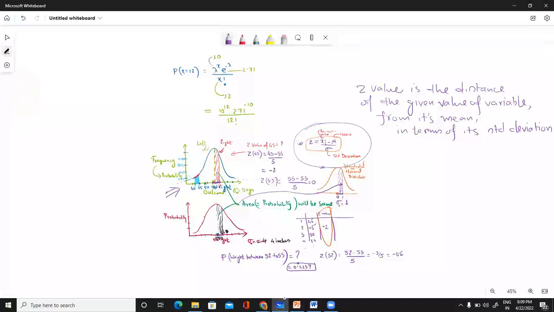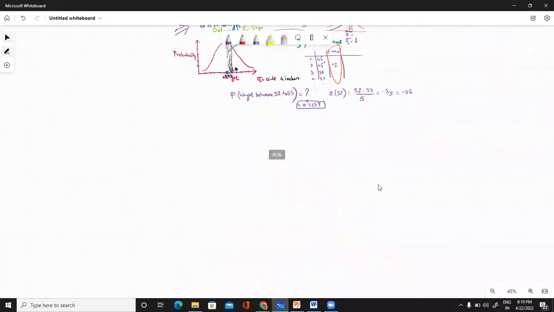I'm not sure how much of it is clear. So let me again try to draw these things. Suppose we are measuring heights. This is the probability distribution of heights. On the x-axis, there are all heights.